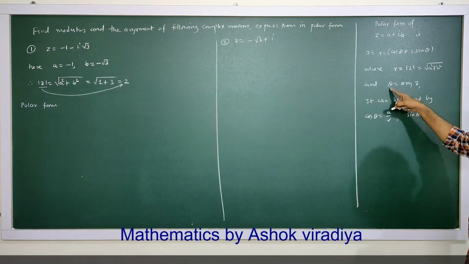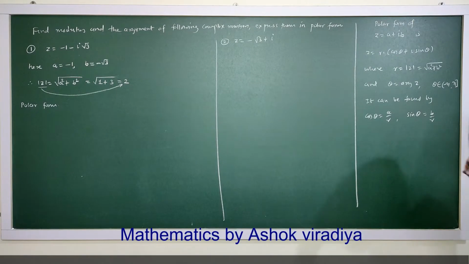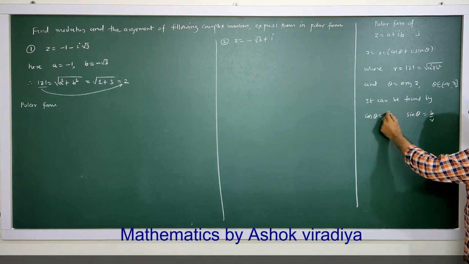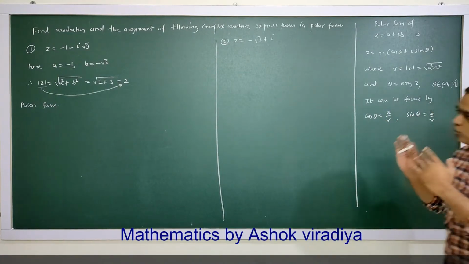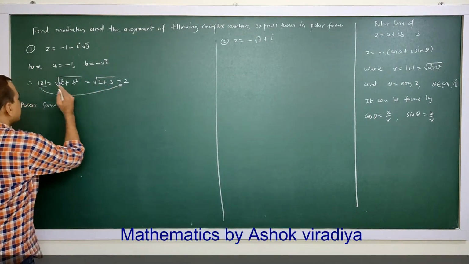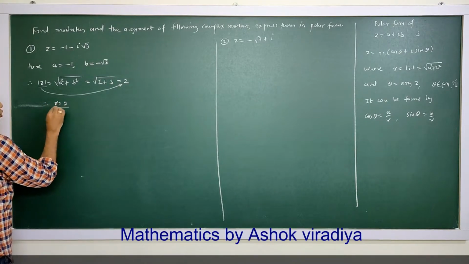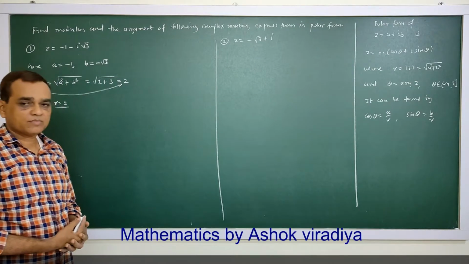So this theta we need from minus pi to pi. To find theta, it can be found by cos theta is A by R and sin theta is B by R. So look here, mod Z is 2, it is modulus, therefore R is equal to 2. That we will substitute in that formula.